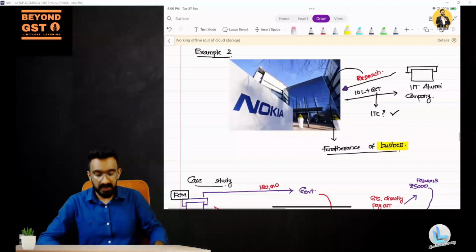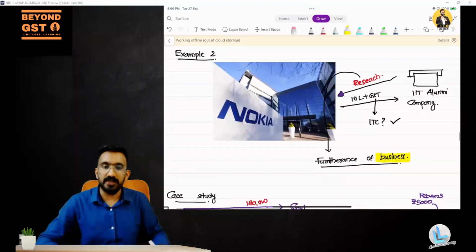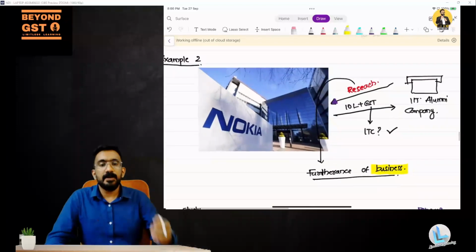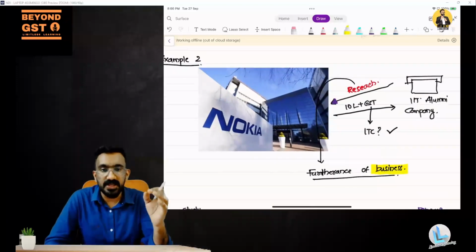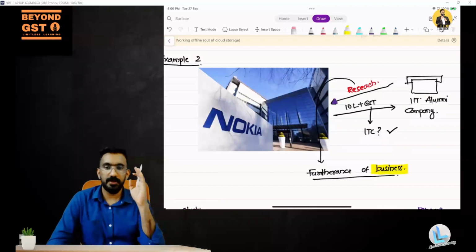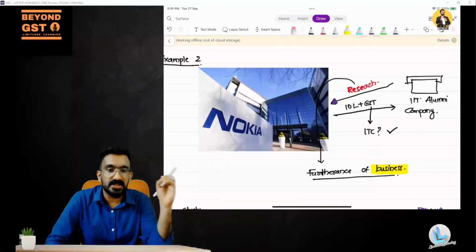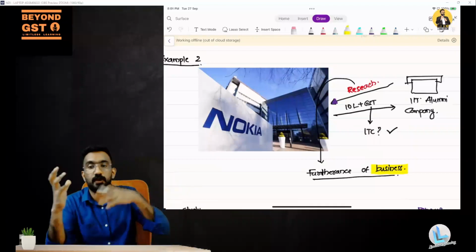Second, say the company called Nokia. We all know Nokia as a company, right? Nokia has spent 10 lakh rupees on research, and that is being paid to an IIT-based company to do research for Nokia.